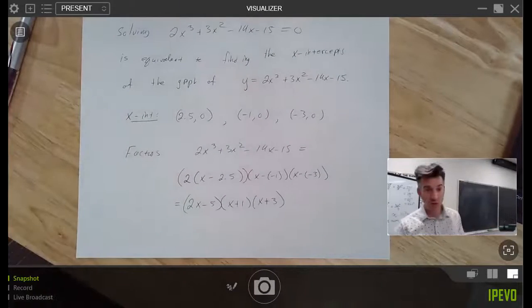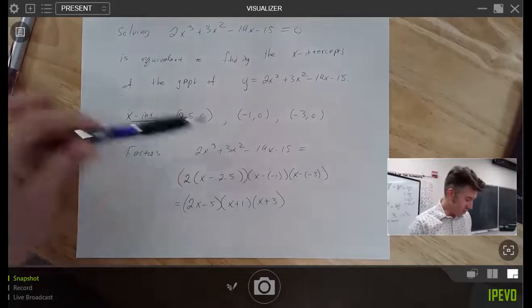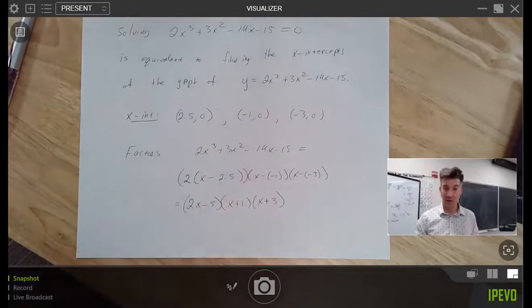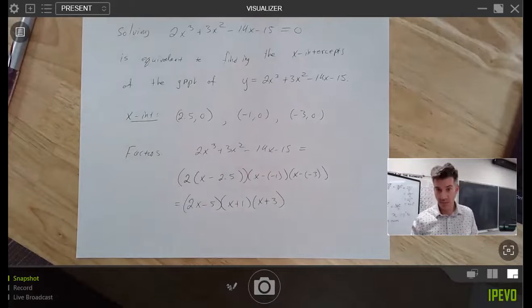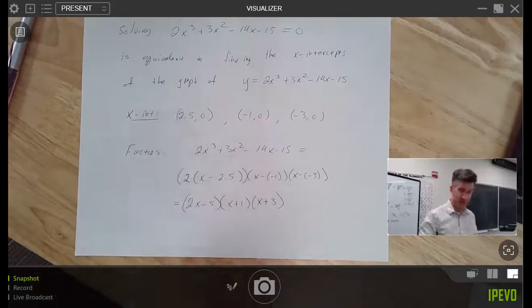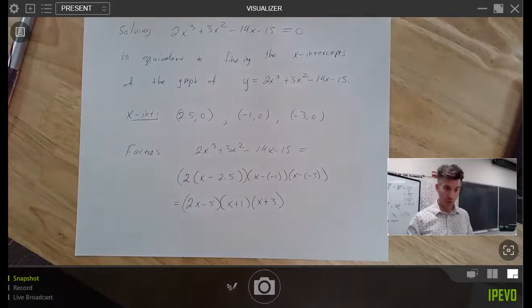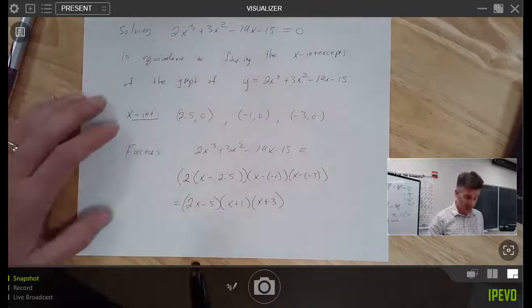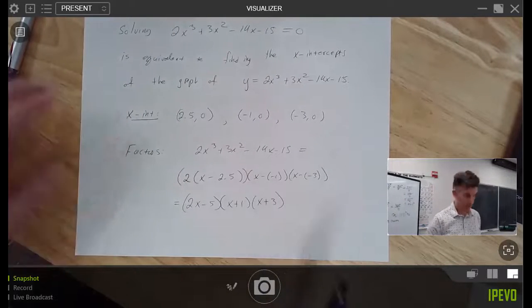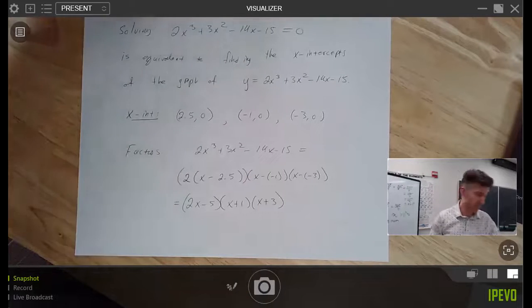So I'm really just stressing here that if you know the intercepts or the solutions, you can find out how to factor something. Knowing that -1, -3, and positive 5/2 were solutions to this equation, let us factor it as 2x minus 5 times x plus 1 times x plus 3. And that's an important skill.